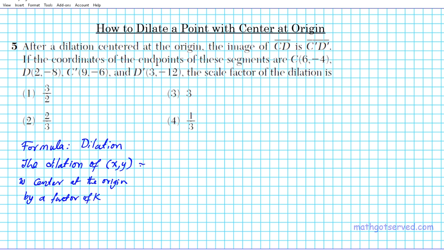We can write this as the dilation about the origin with a factor of k of the point x, y. So if you dilate x, y by a factor of k about the origin, you will end up with kx, ky. So you simply multiply the x and y coordinates by the scale factor. Okay? K is a scale factor.